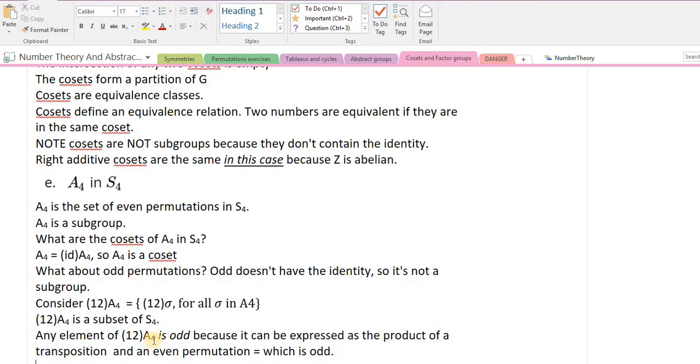Okay, so what that's telling me is that (1 2) times A4 only contains odd permutations. Another way of saying that is (1 2)A4 is a subset of the odd permutations. Right.